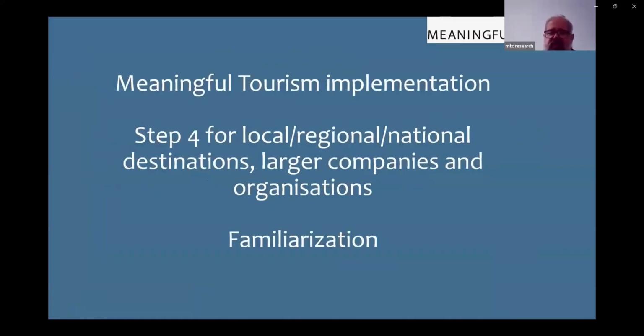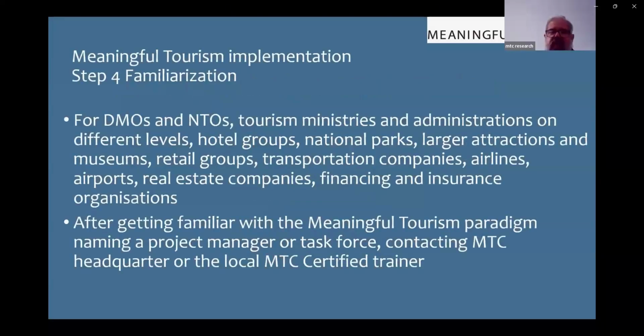That can be DMOs, NTOs, or larger companies and organizations like hotel groups, larger museums, national parks, car rental companies, airports, and so on. Here, the first step is simply familiarization, getting to know the concept of meaningful tourism, and then deciding, okay, that is a suitable concept for us.